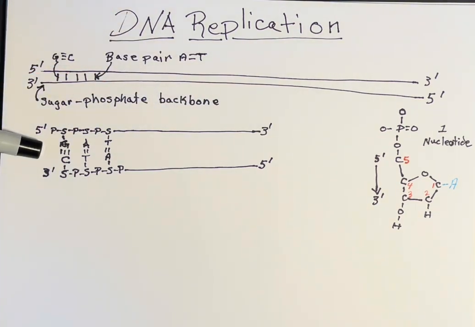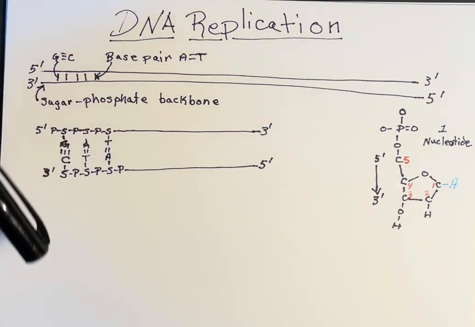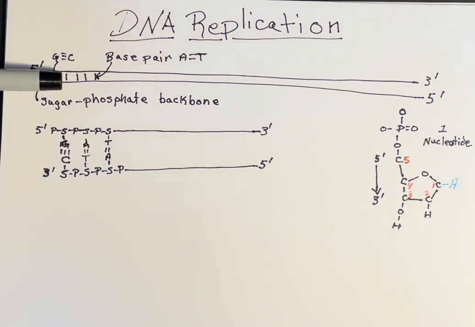It would continue, and then the bases coming off the sugar. So guanine, cytosine, attached to the sugar, adenine, thymine, both to the sugar, okay, and so forth. And then that would extend the whole way down. So now I hope you have an understanding of what just these two lines are representing.